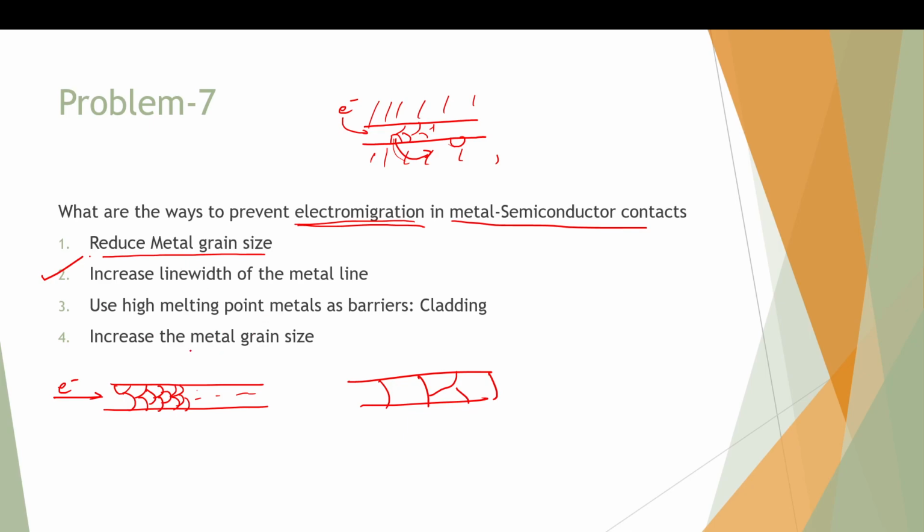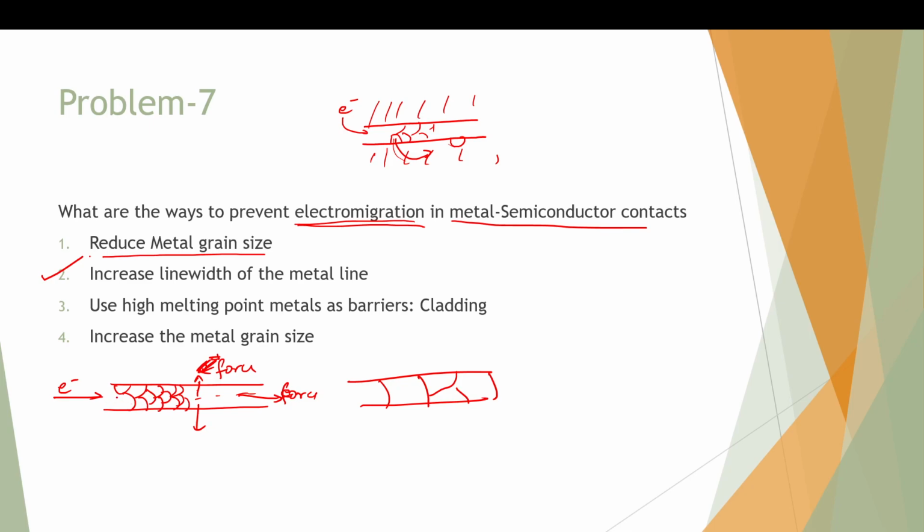In this case there will be some force in the horizontal direction, but also some force that will be induced in the vertical direction because the electrons will get scattered.